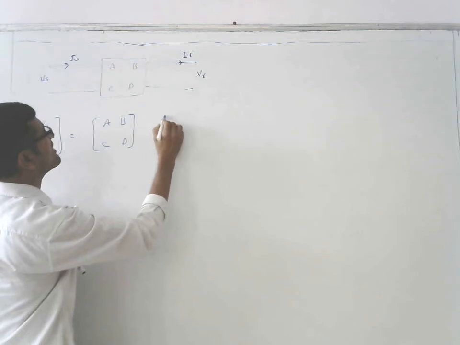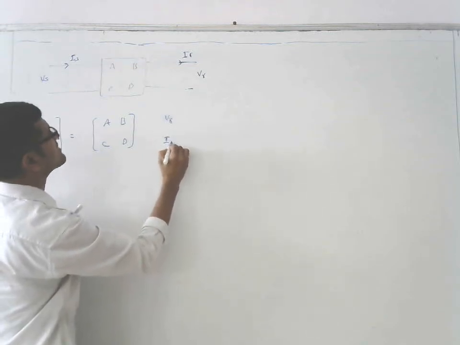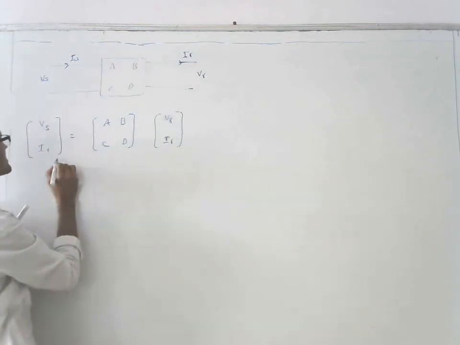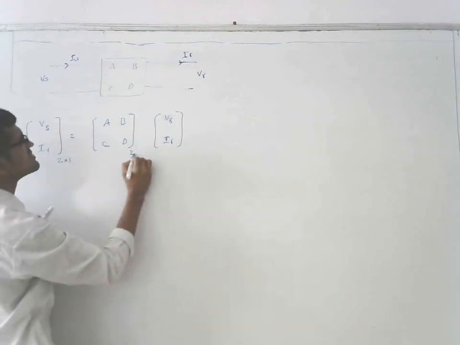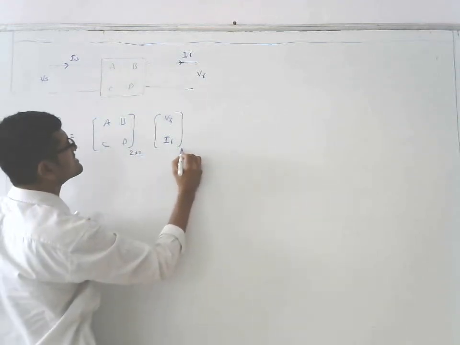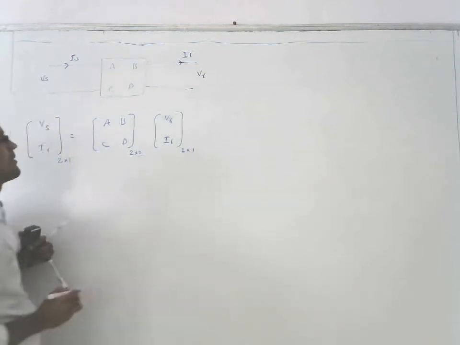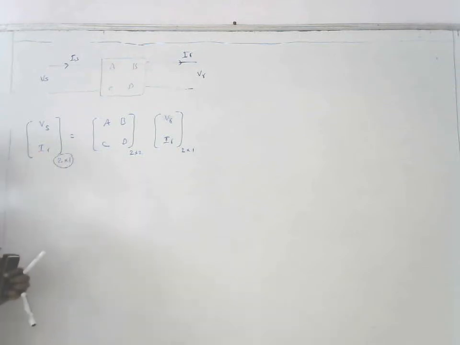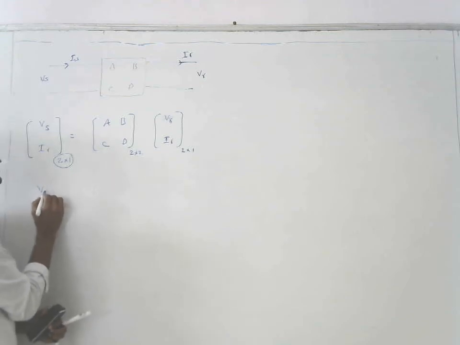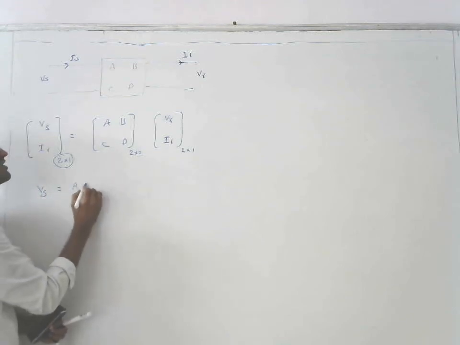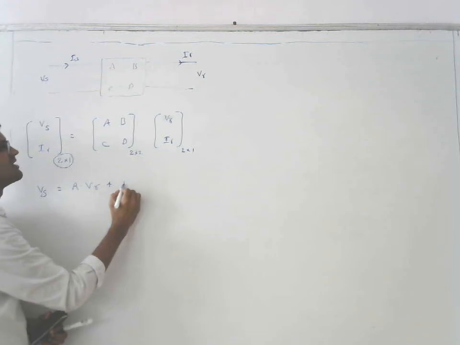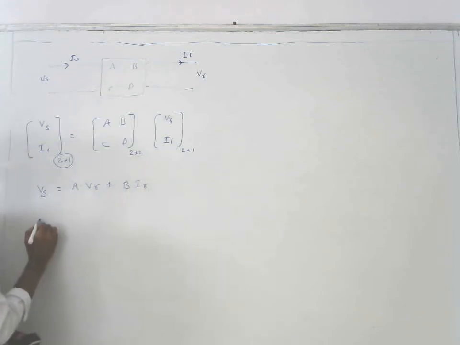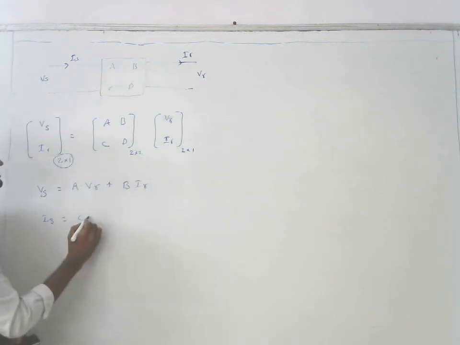The size of the ABCD matrix is 2 by 2, and the size of the voltage-current matrix is 2 by 1. Written as equations, Vs is equal to A VR plus B IR, and Is is equal to C VR plus D IR.